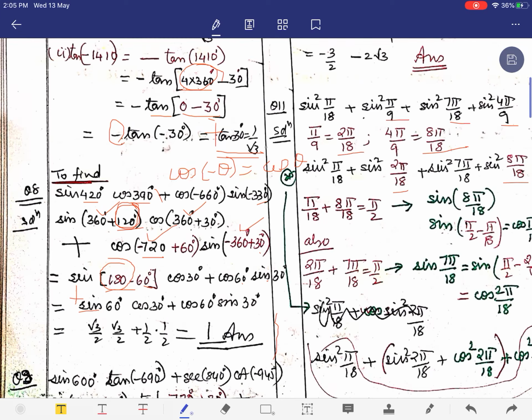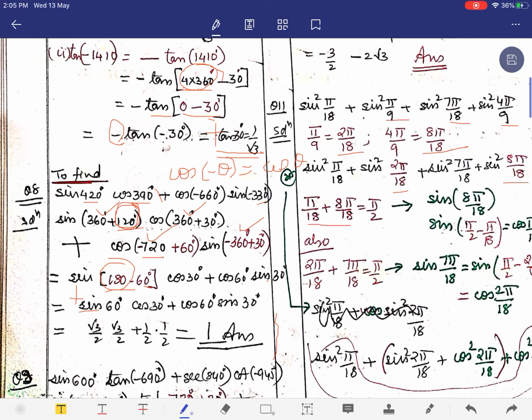Now, what is the next observation? What we need to do is find out the combination of angles. Is there any combination in terms of allied angles, that is, do the angles add up, or does the difference make a multiple of pi on 2? So that is what we see here.